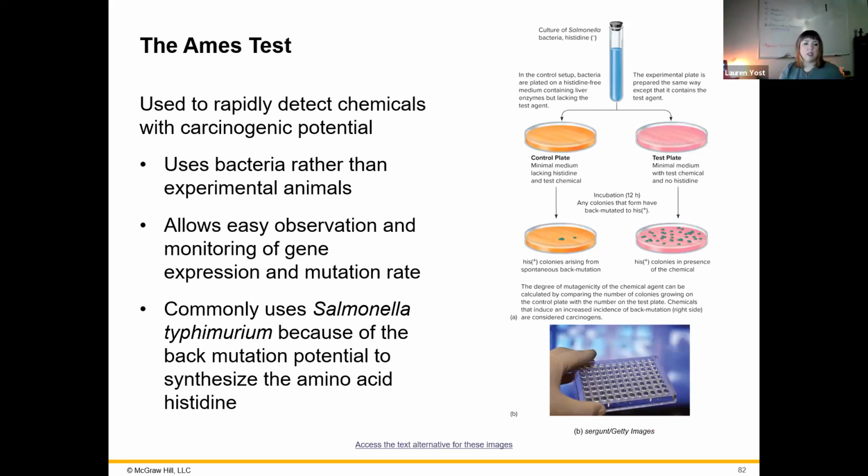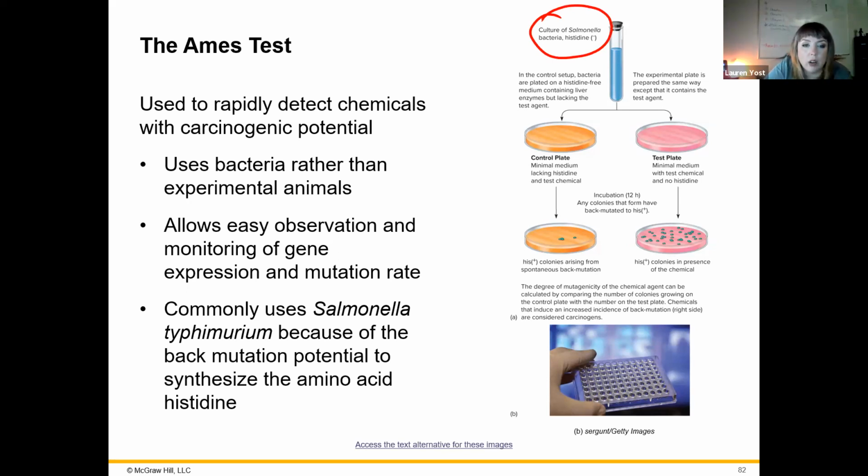So this is the Ames test. This is how we detect the carcinogenic potential, the cancer causing or mutagenic potential, of a chemical. It's a little bit of an issue explaining this, but I'm going to try my best. So we have a culture of Salmonella that is not going to be able to make histidine.